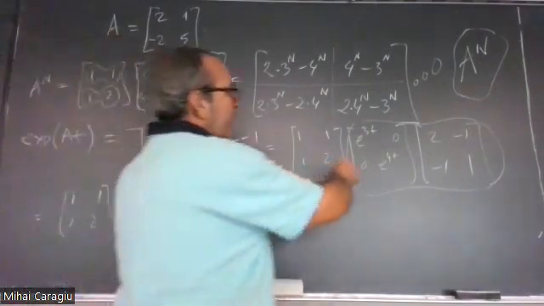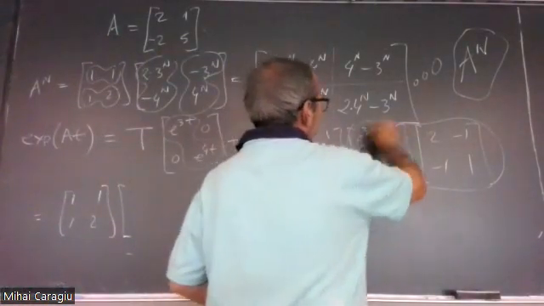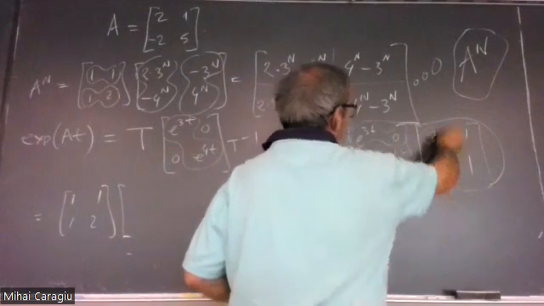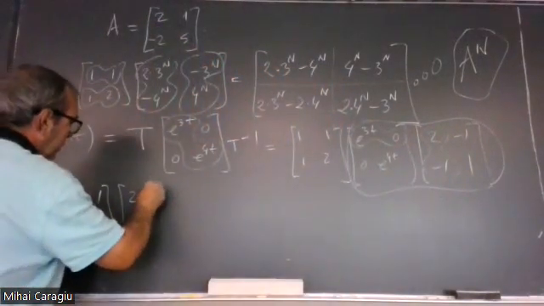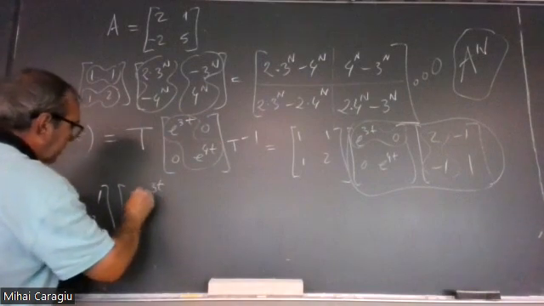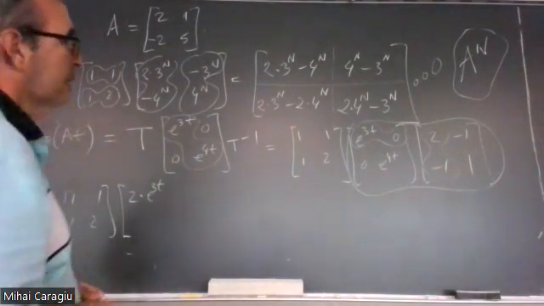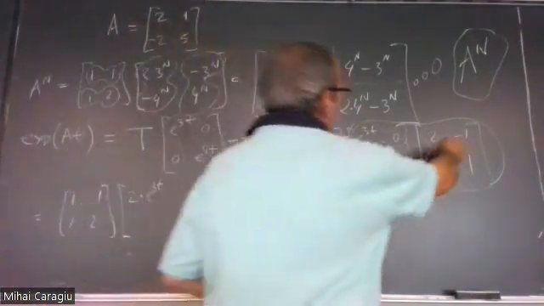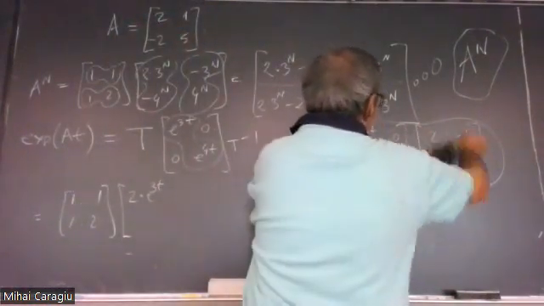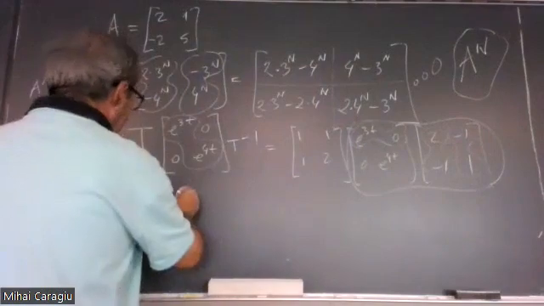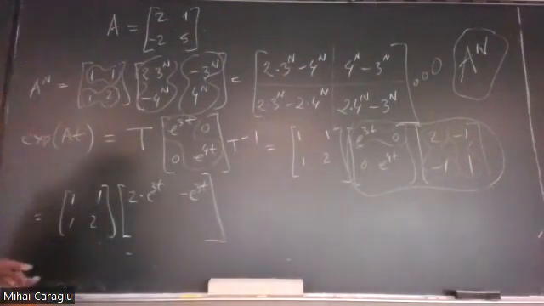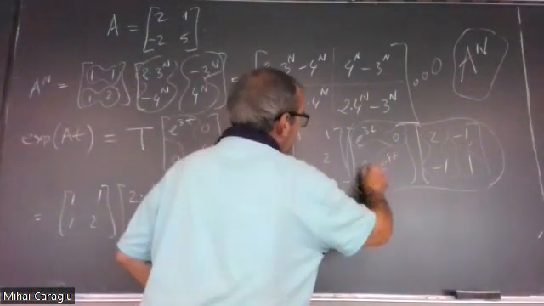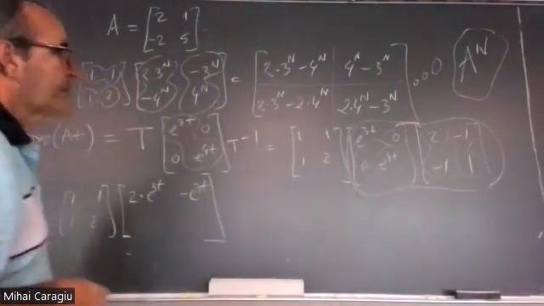Now let's multiply the second and third. First: 2 times e to the power 3t. First, second: minus e to the power 3t. Second, first: minus e to the power 4t.